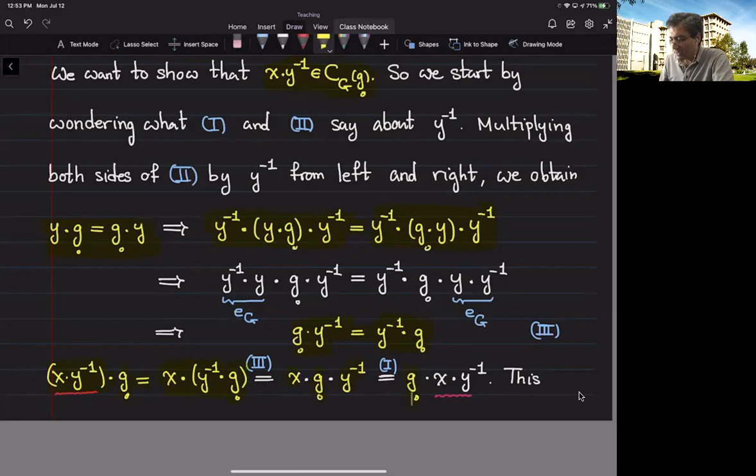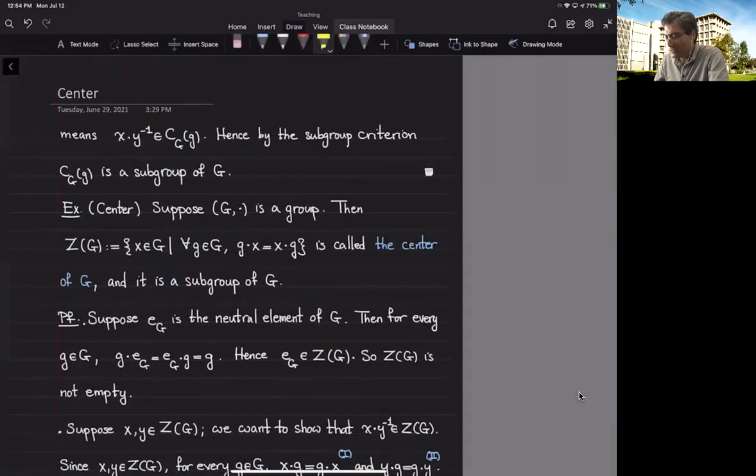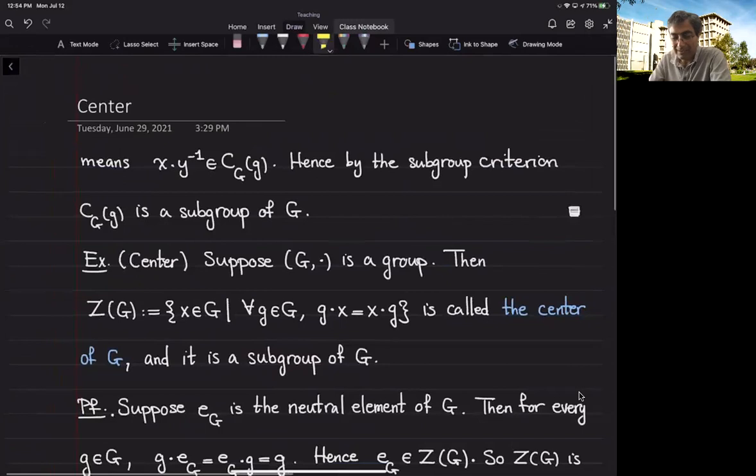Altogether, I end up bringing G0 all the way to the left, and I get G0 times x dot y inverse. So we started with G0 on the right of this term and brought it to the left of this term, and therefore x dot y inverse is in the centralizer, which implies that the condition of the subgroup criterion indeed holds, and therefore by the subgroup criterion, the centralizer of an element G0 is a subgroup of the group capital G.